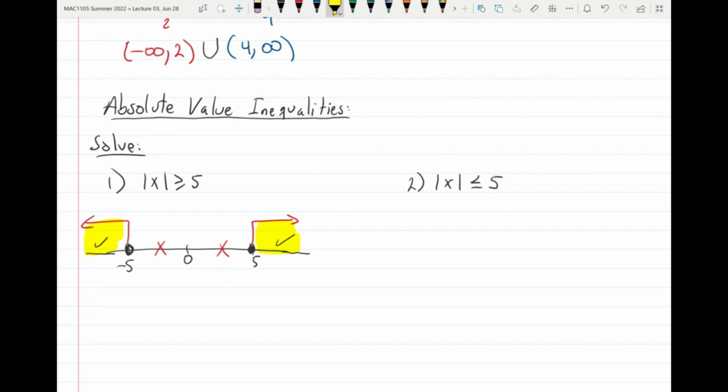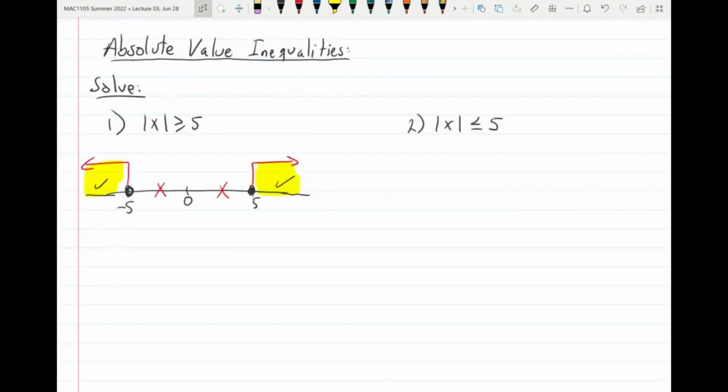Do you understand this? So, the absolute value of x greater than or equal to 5 means that x is less than or equal to -5 or greater than or equal to 5. This corresponds to this piece, and this one corresponds to this piece. Yes? Could you write that in? Yeah, we're going to write it into interval notation now.